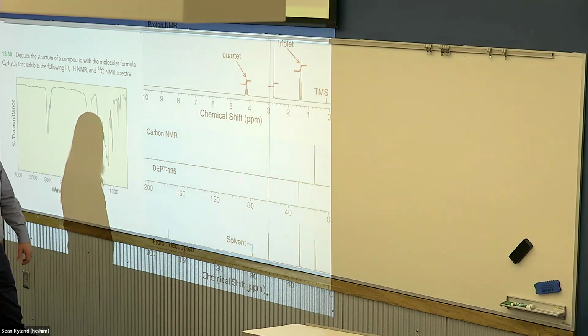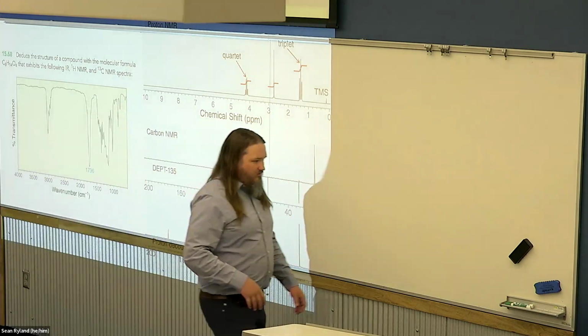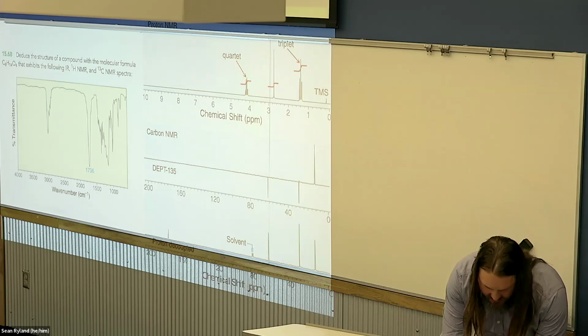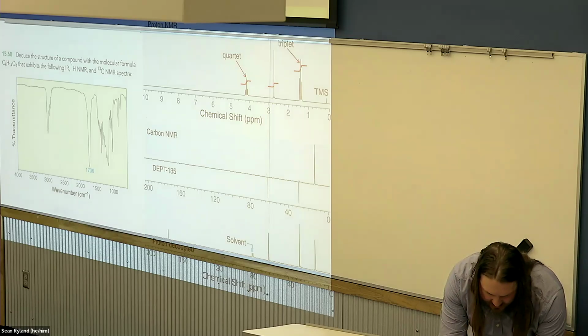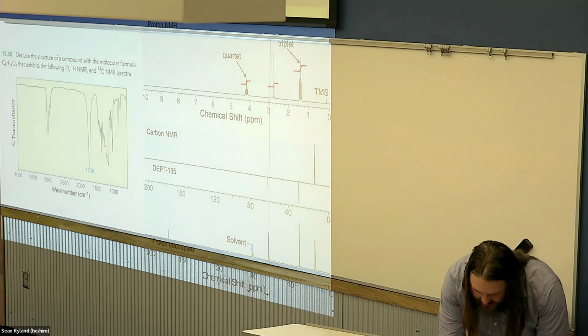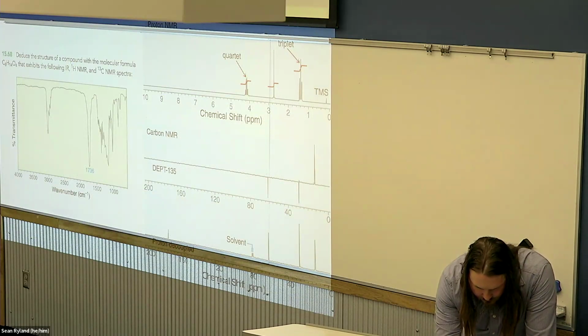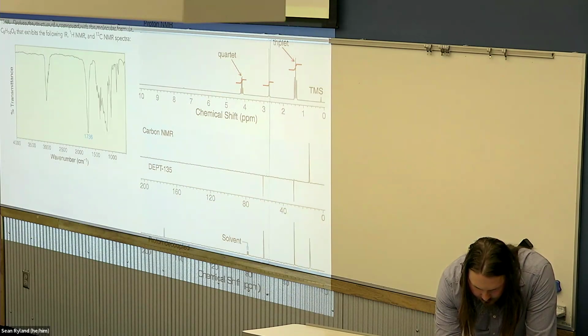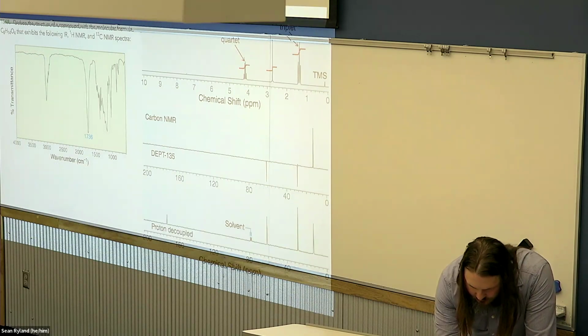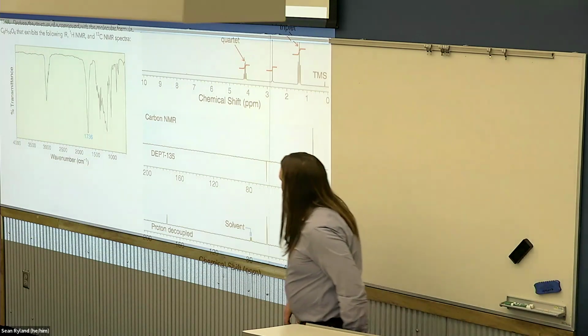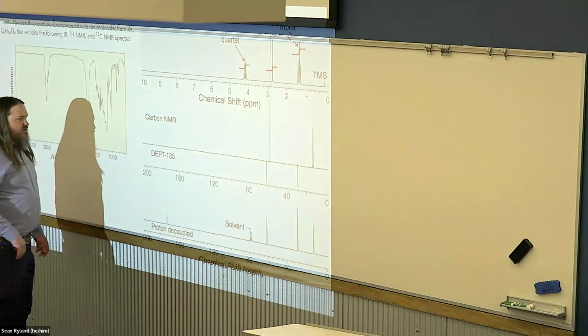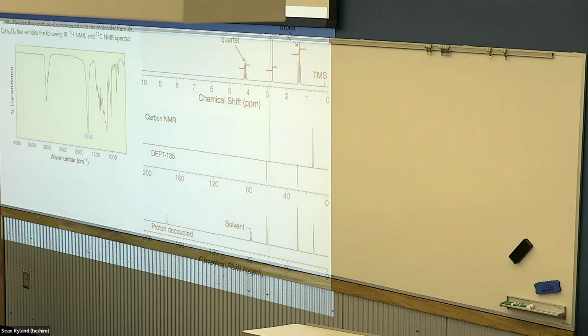Anybody remember how the carbon NMR works here? Let me adjust the figure, see if we can get more on this, where we can see it. Does anybody remember what the DEPT 135 shows?